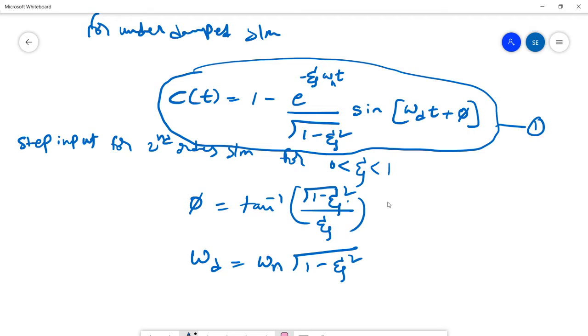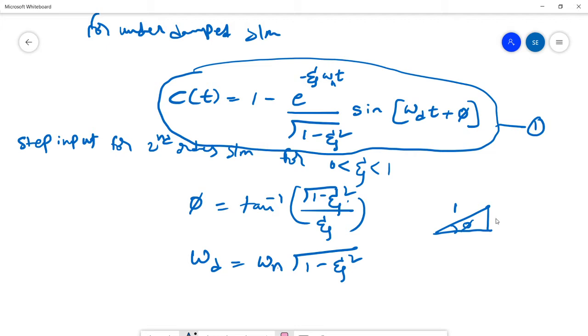So if you see this tan inverse of root of 1 minus zeta square by zeta, consider a right angle triangle with the angle phi, right?